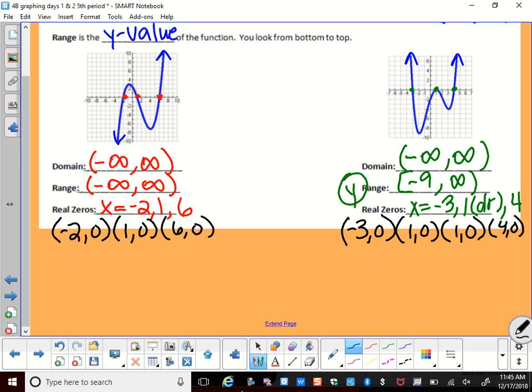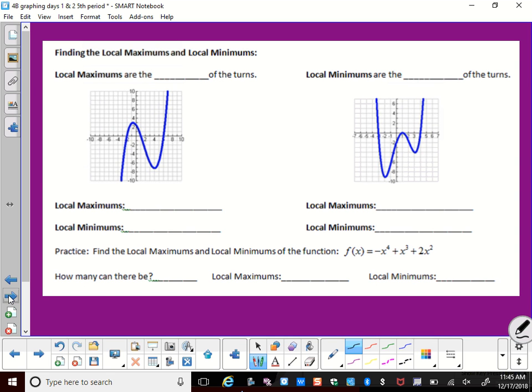All good? All right. Find the local maximums and the local minimums. Local maximums are the highs of the turns, and the local minimums are the lows of the turns. We talked about maxes and mins before, but this is when it's on a turn.